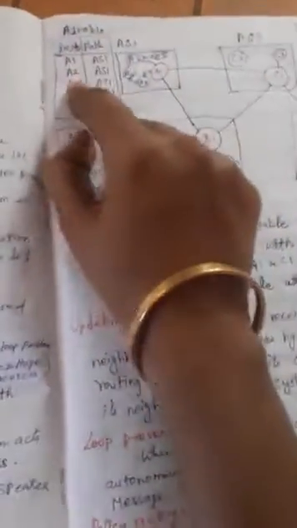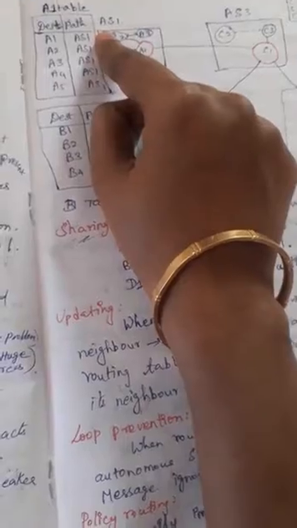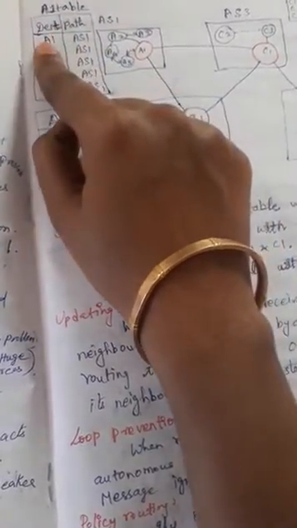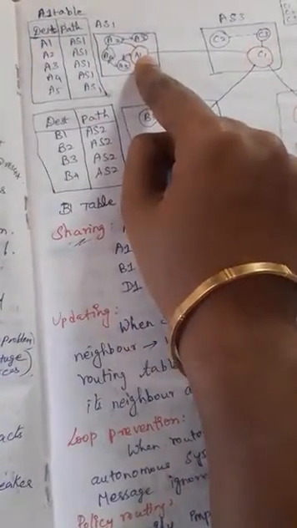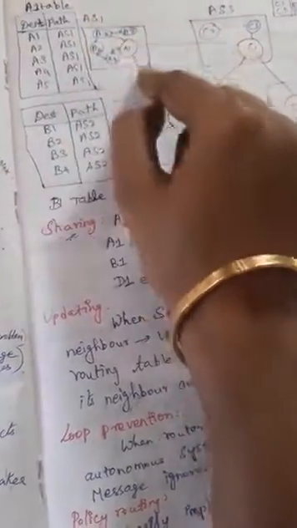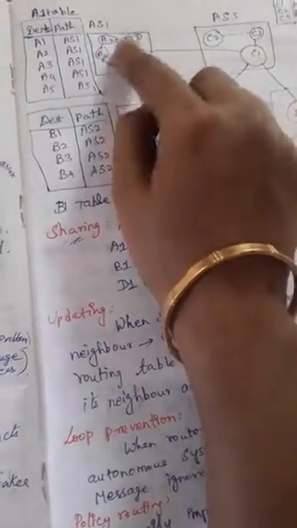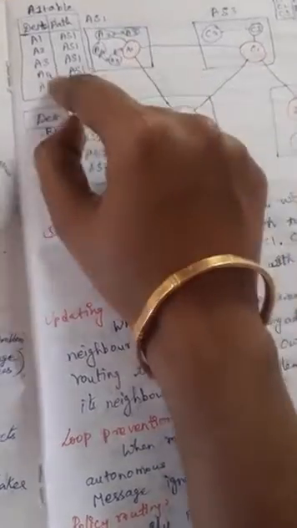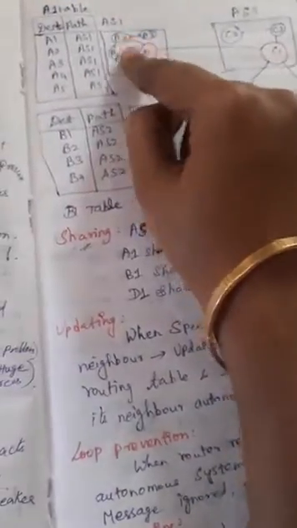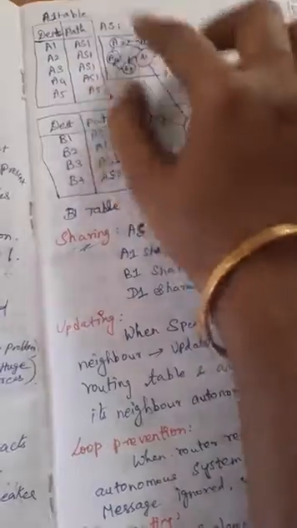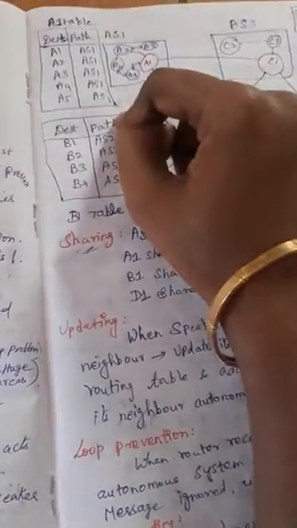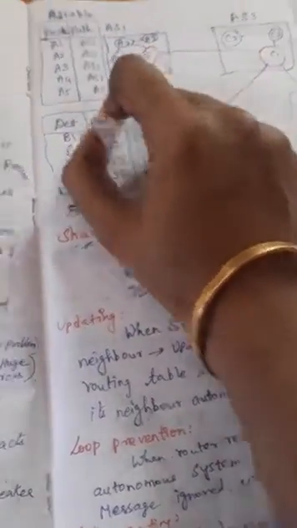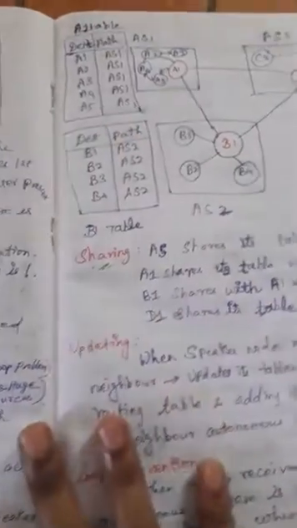We first write the AS1 table. From AS1, we have the speaker node A1, so the path is AS1. For A2 also the path is AS1, because everything exists within the single autonomous system.